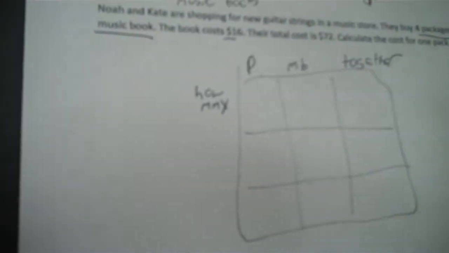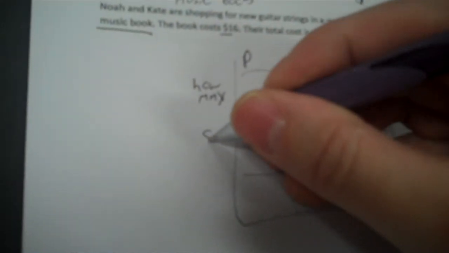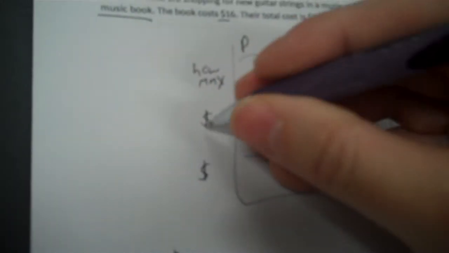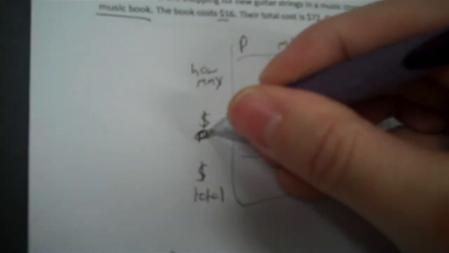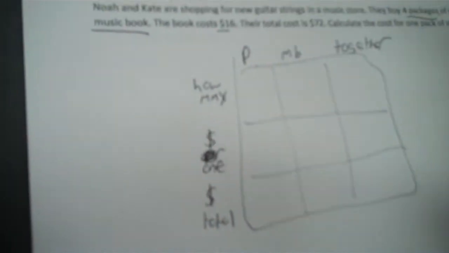Okay? You put how many. Then you're going to put your dependent label here. Money and money. This is for per, and this is for total. Okay? Actually, instead of per, let's put 1. Money for 1.